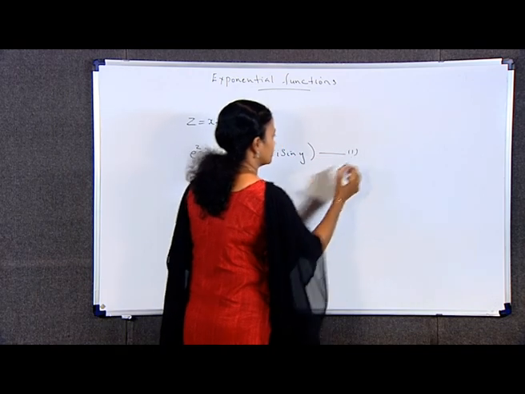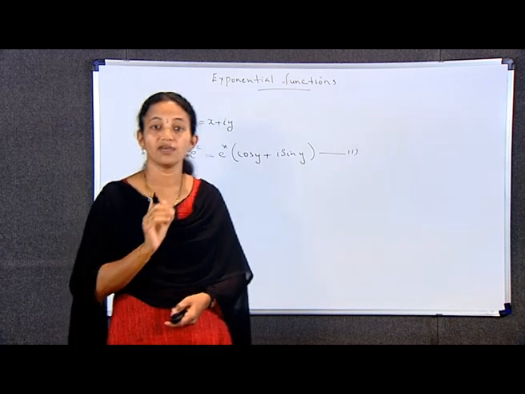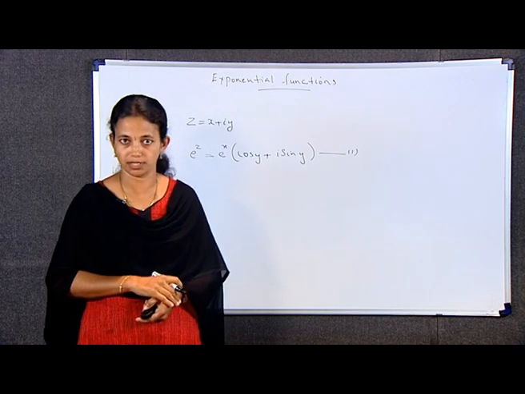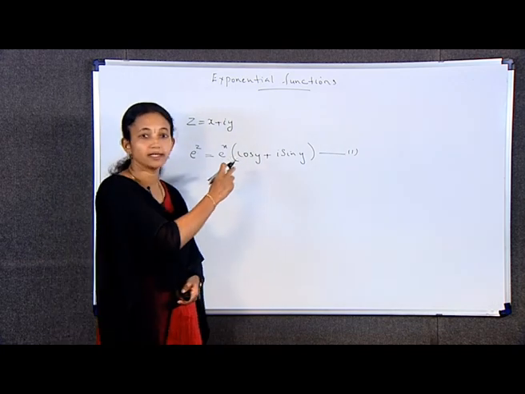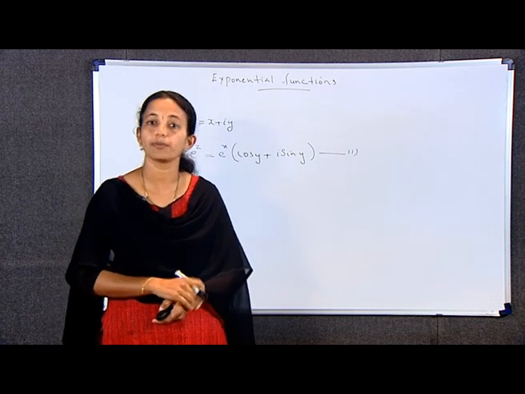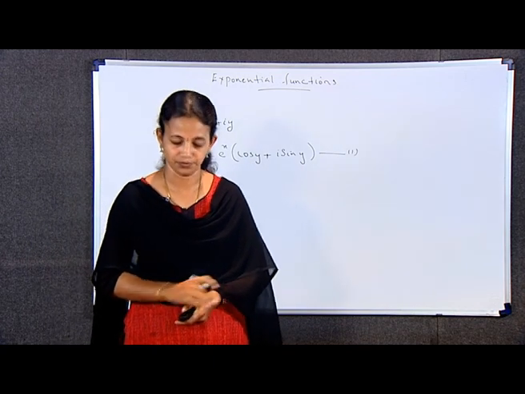Equation number 1. We also use exp z instead of e raised to z, and this y in this equation is always in radians. We have some properties of the exponential function.